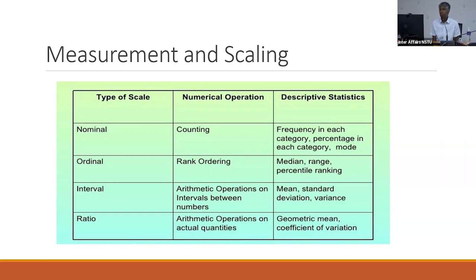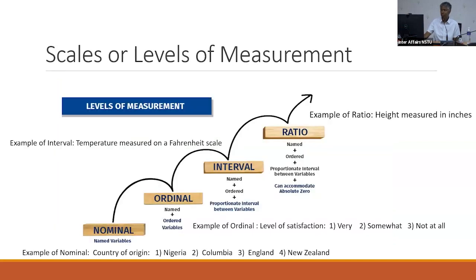And then finally, ratios. Ratios are variables that have an absolute 0, the absence of something. And then there are different types of statistics. So depending on what type of question you're asking, it depends on whether or not you use a nominal, ordinal, interval, or a ratio scale.